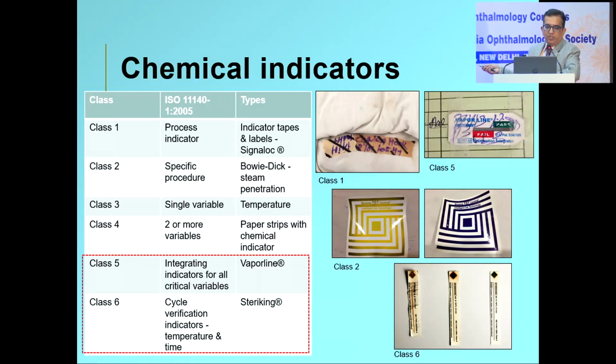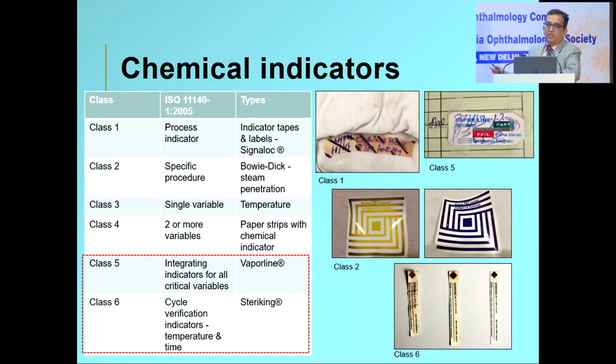The second is the Bowie-Dick. This is a Bowie-Dick that you get, and after sterilization it changes color. If it doesn't change color, that means the steam penetration within that load is inadequate. And then you need to have either a class 5 or class 6, because that assesses and validates the cycle time of your sterilizer.